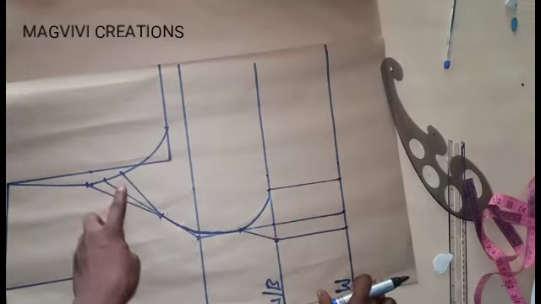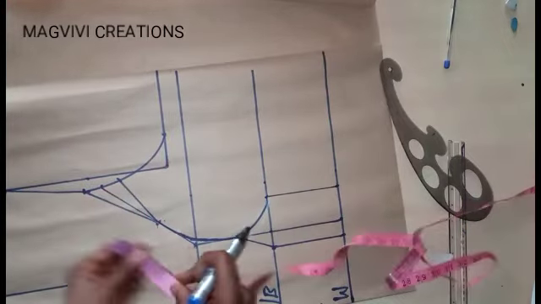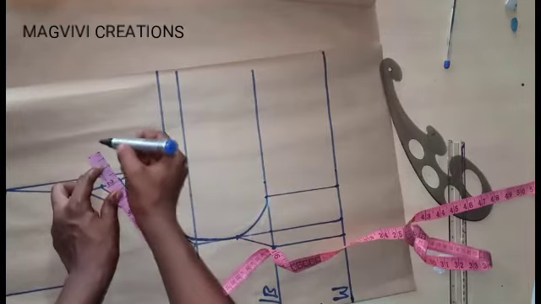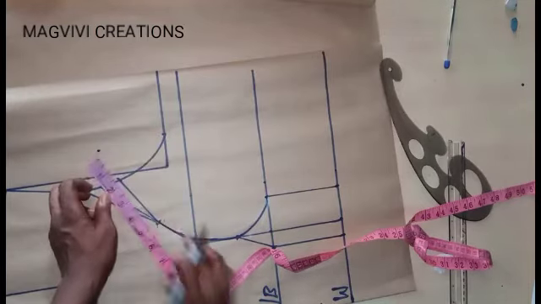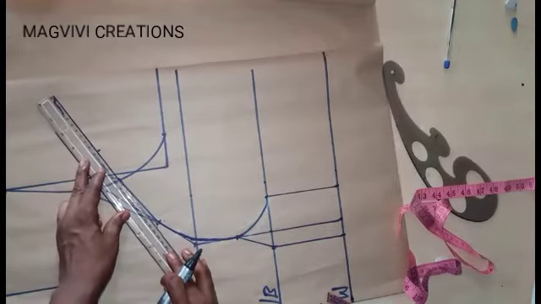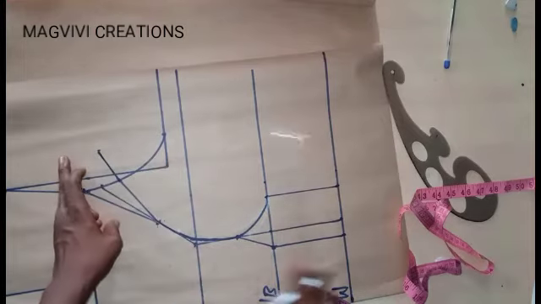So whatever you have placed here, please replace it here. I took 1 inch on this side, 1 inch on this side, that is 2 inches. So I'll have to extend it by 2 inches. Okay, then I'll just connect it.